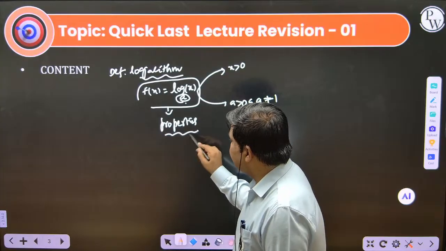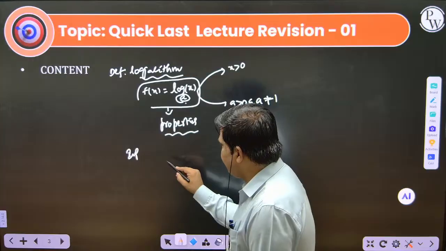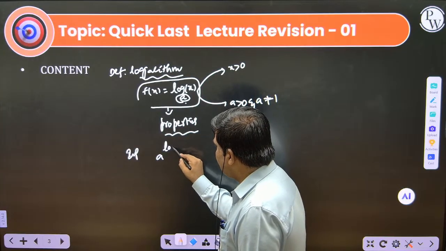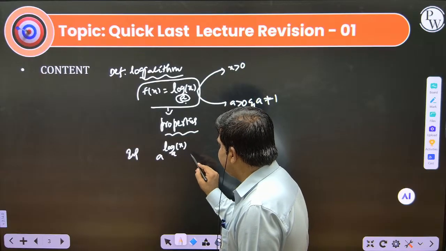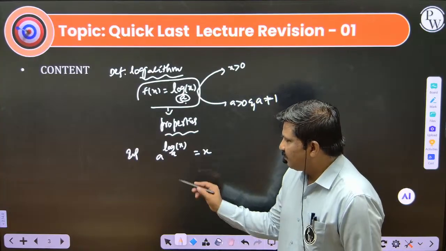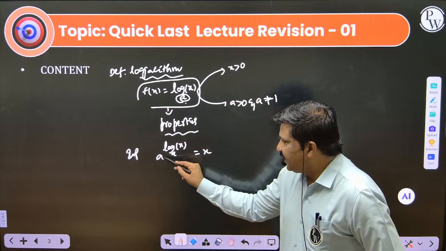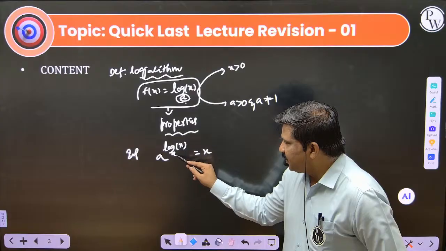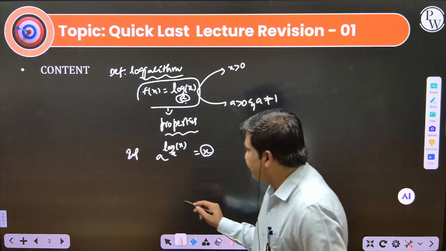So this is the logarithm and all its properties we discussed here. Some important properties I will remind you again. A power of log of the number x to the base a is always equal to x. So a power log of x to the base a, value is always x.